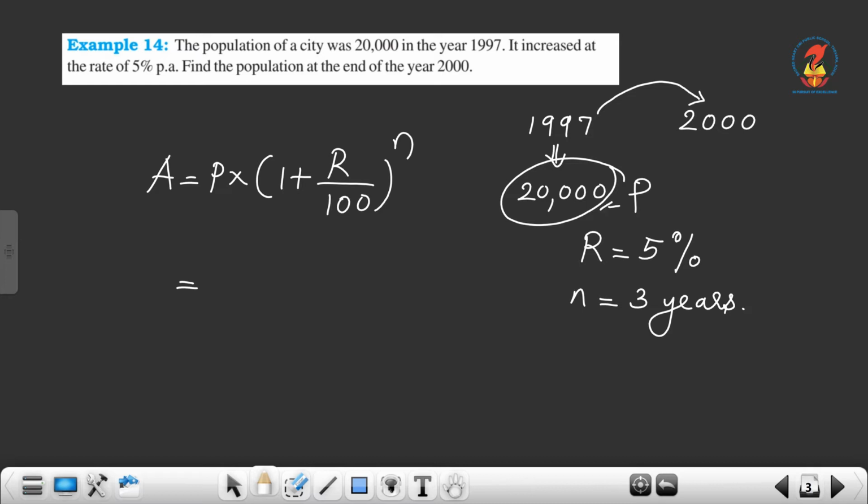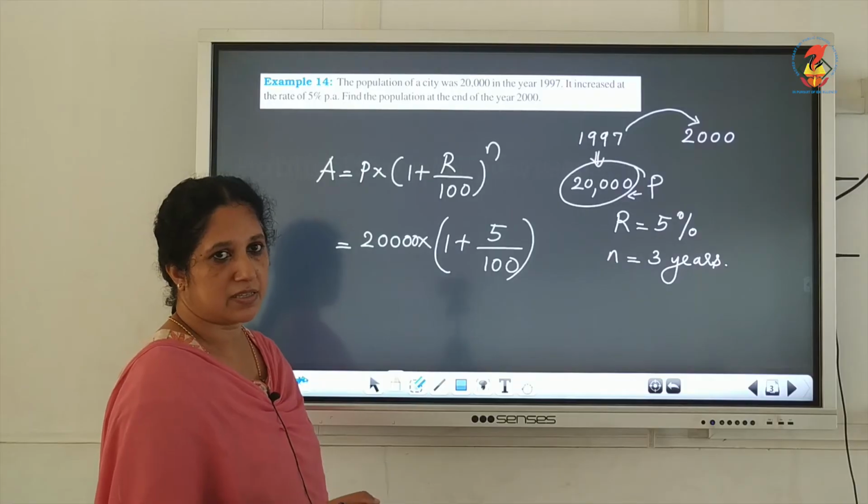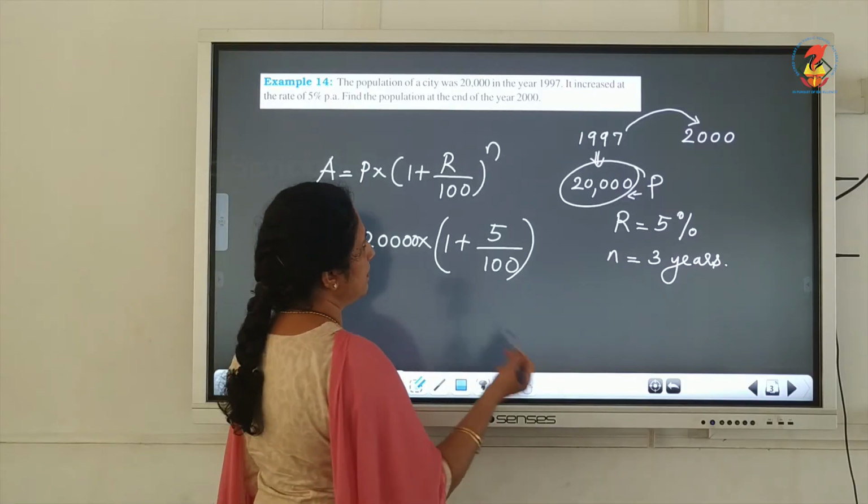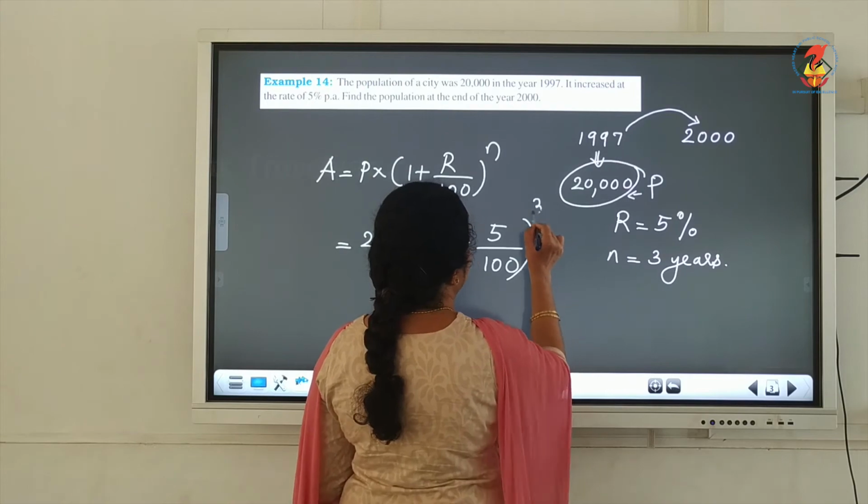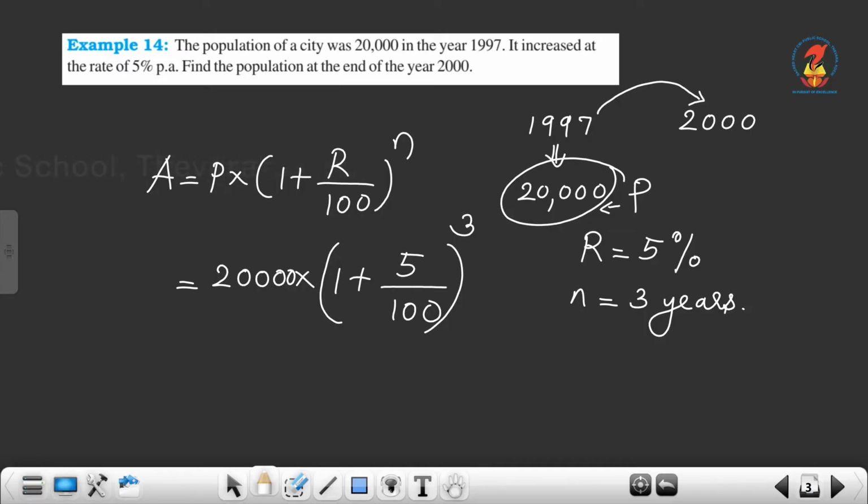What is the value of P? P equal to 20,000. So 20,000 into 1 plus the rate of increase, 5 by 100, all raised to N. We have to find the population at the end of 2000, that is, after 3 years, so N is 3.